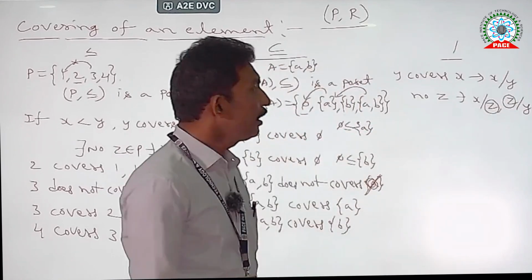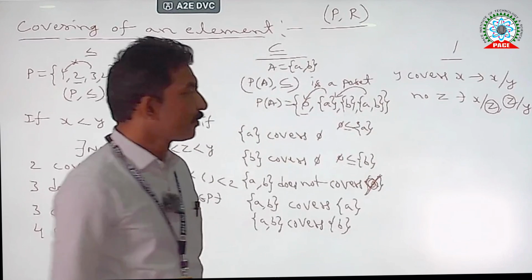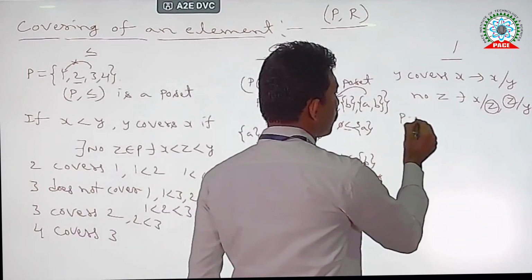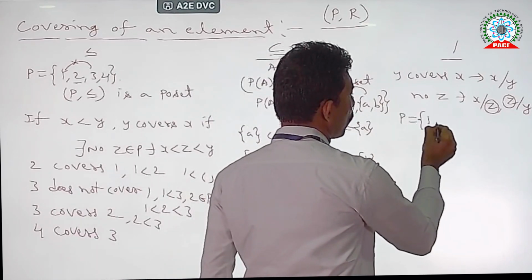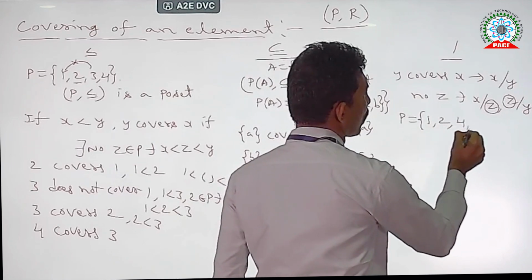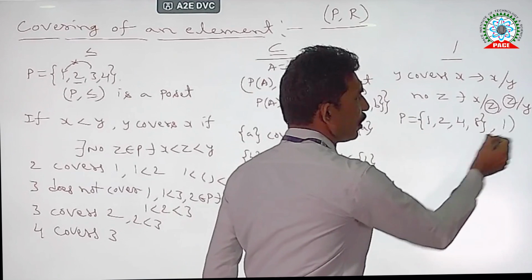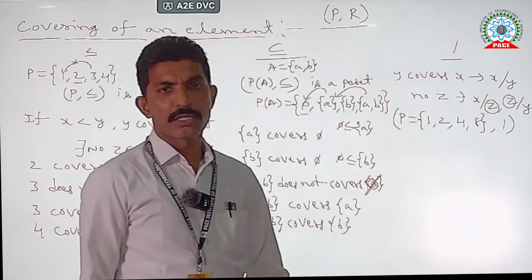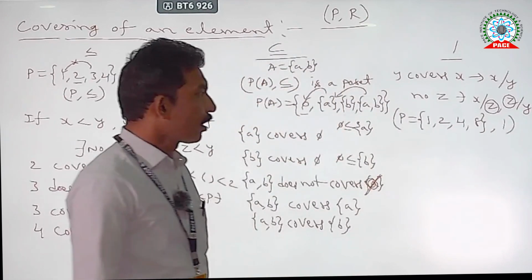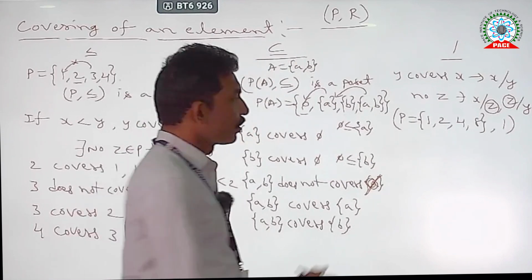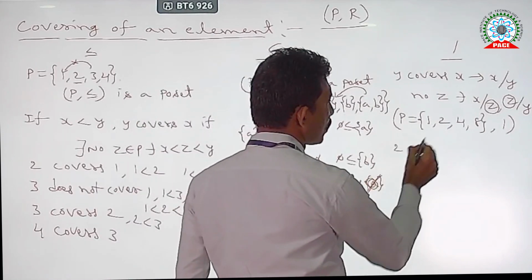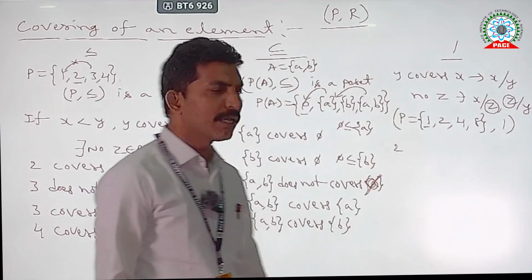Let us see one example, P is equal to 1, 2, 4, 8, and divides is the partial ordered relation. So it is a poset. Now we can check the covering conditions. 2 covers 1. So first you fix the first element, then from the next elements we check which elements cover 1.